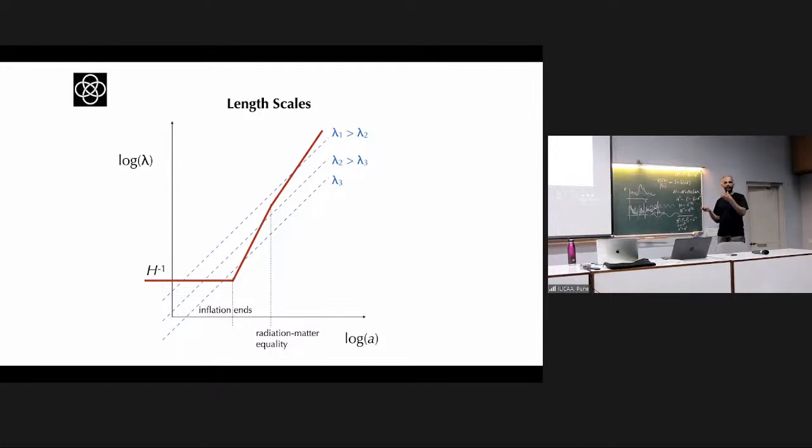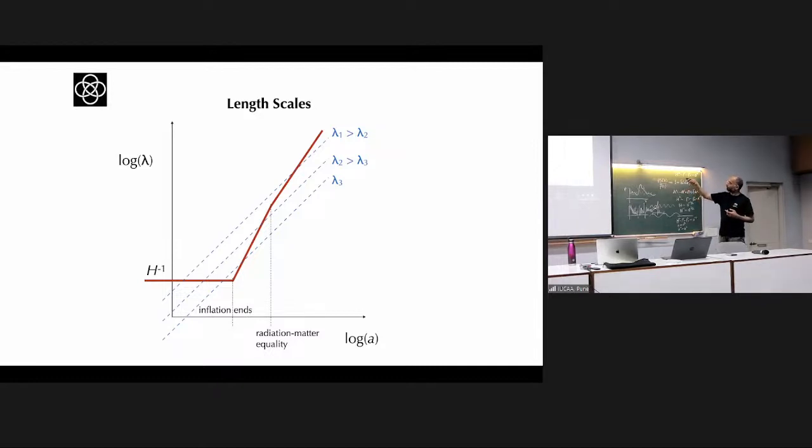Okay, so now the wavelength has become smaller than the Hubble radius. So what one says in the jargon is that this mode has exited the Hubble radius and it has entered the Hubble radius again. Okay, so all of these modes are exiting the Hubble radius during the epoch of inflation, when h is constant, and they are entering the Hubble radius at different epochs.